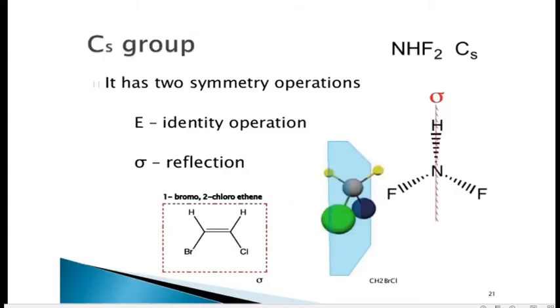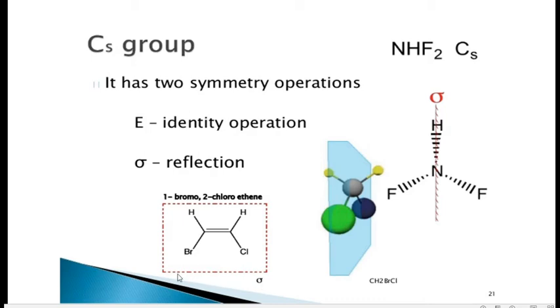The next is the CS point group. These are the molecules having only the plane of symmetry and identity E, with all other symmetry elements absent; then one can assign the CS point group to the molecule. For example, here it's a 1-bromo-2-chloroethene. In 1-bromo-2-chloroethene, it's a planar molecule and this is the plane.